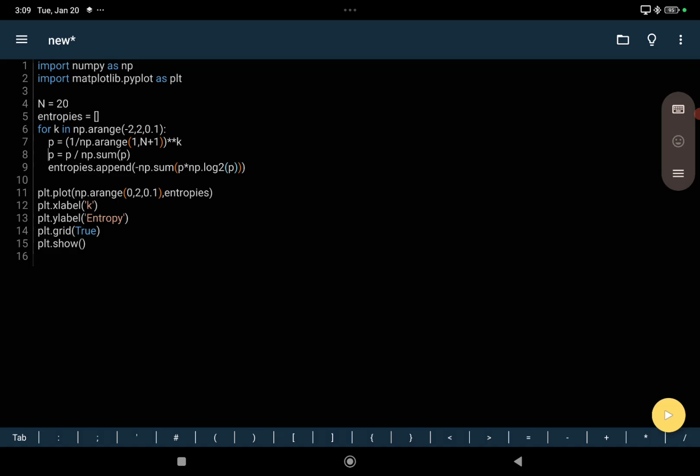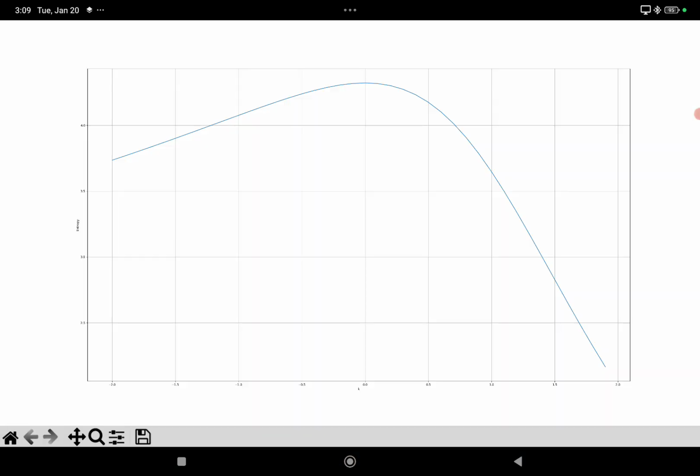And I need to change this, minus 2. Right. So again, it decreases. Of course, it's not symmetric because the probability distribution is not symmetric. But in any case, it's maximized when k is equal to 0, and it's decreasing on either side.